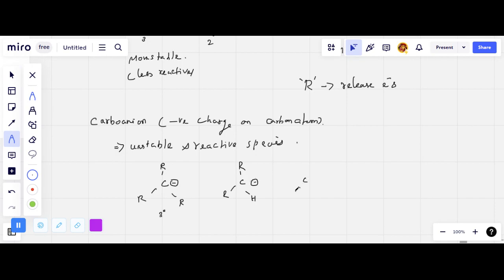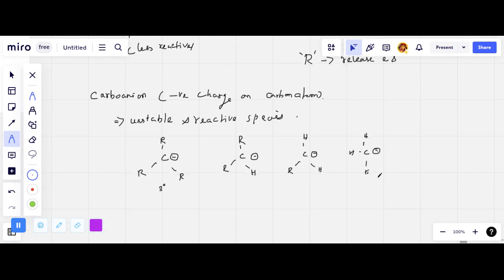If you take a primary, it's only one alkyl group and two H. If you take H on all three sides, it's a negative. So this is tertiary, secondary, primary, and this is also primary.